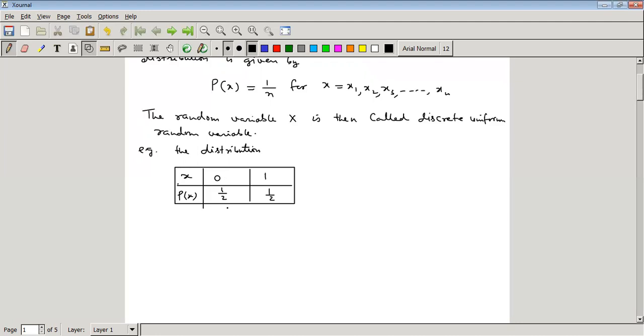That is, probability of 0 is 1 upon 2 and probability of 1 is also 1 upon 2. Such a type of distribution is called discrete uniform distribution.